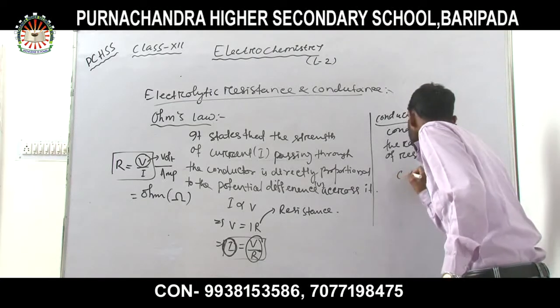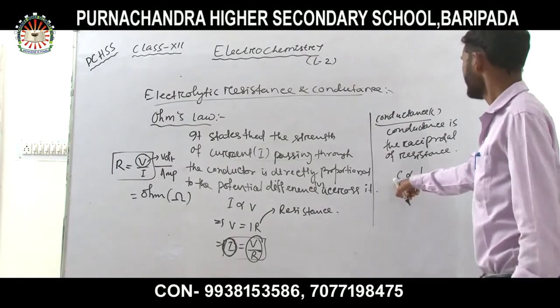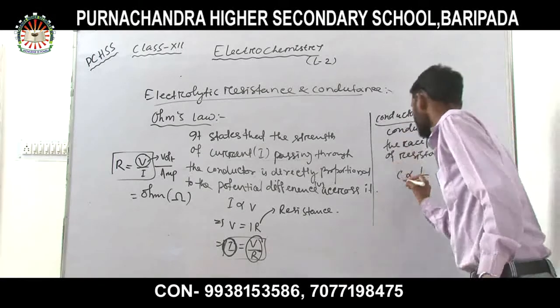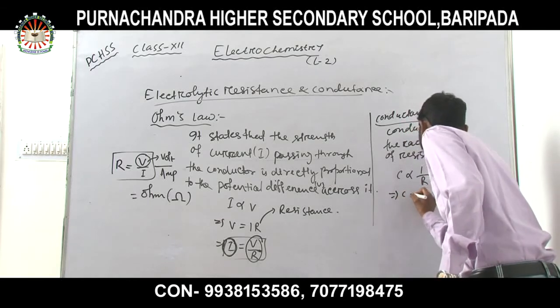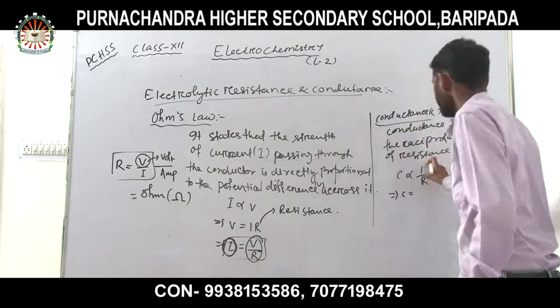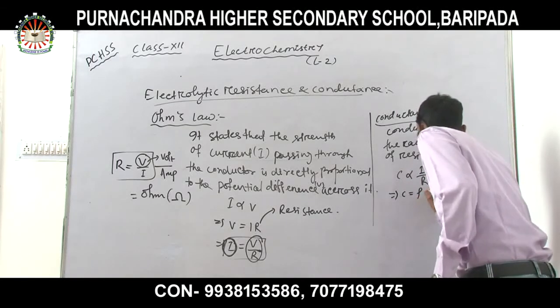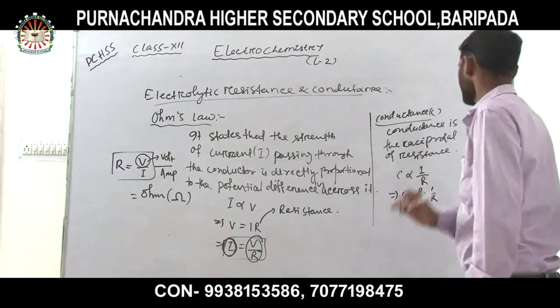That means C is inversely proportional to R. So C is equal to 1 by R.